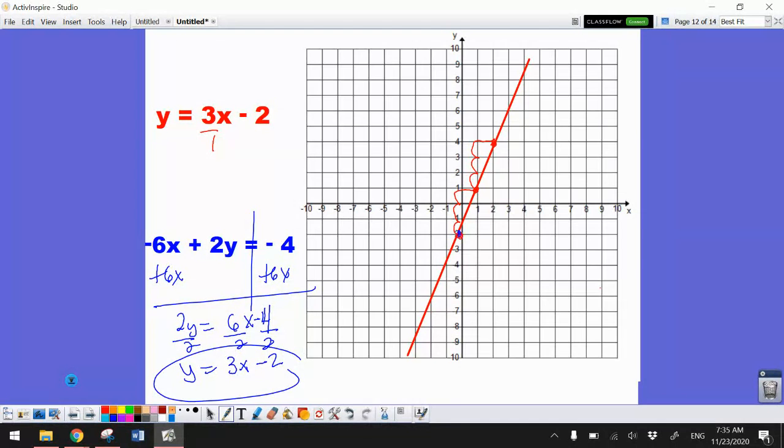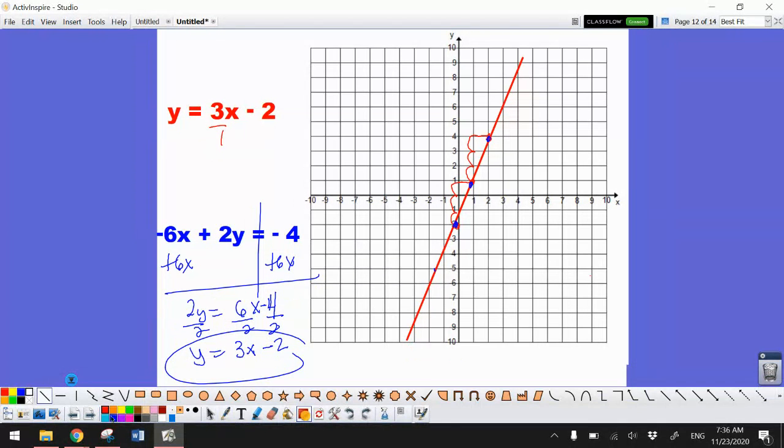So if I was going to graph this, they would be on the same line. It's the same line. So what do I do? What's the answer when they are the same line? Who remembers? Again, they're the same line.